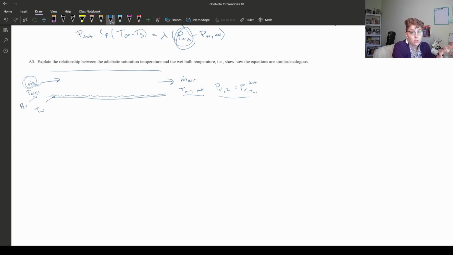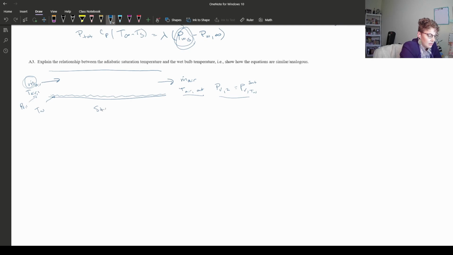Since this tube is infinitely long, we can assume that the partial pressure of the water going out would be equal to the partial pressure of the system when it is fully saturated at the temperature of the water. So that can end up being a known value.